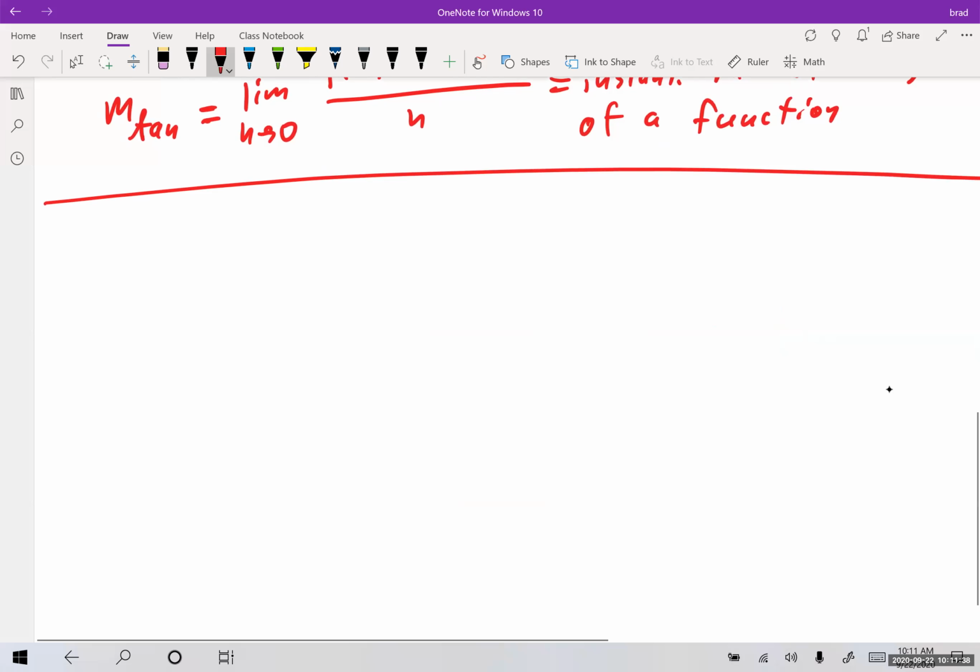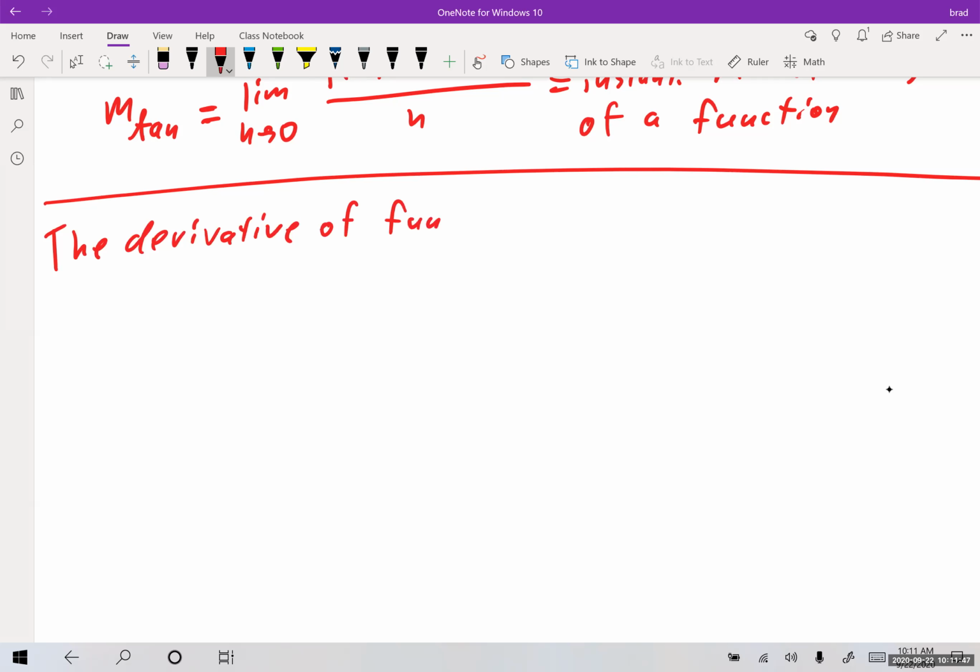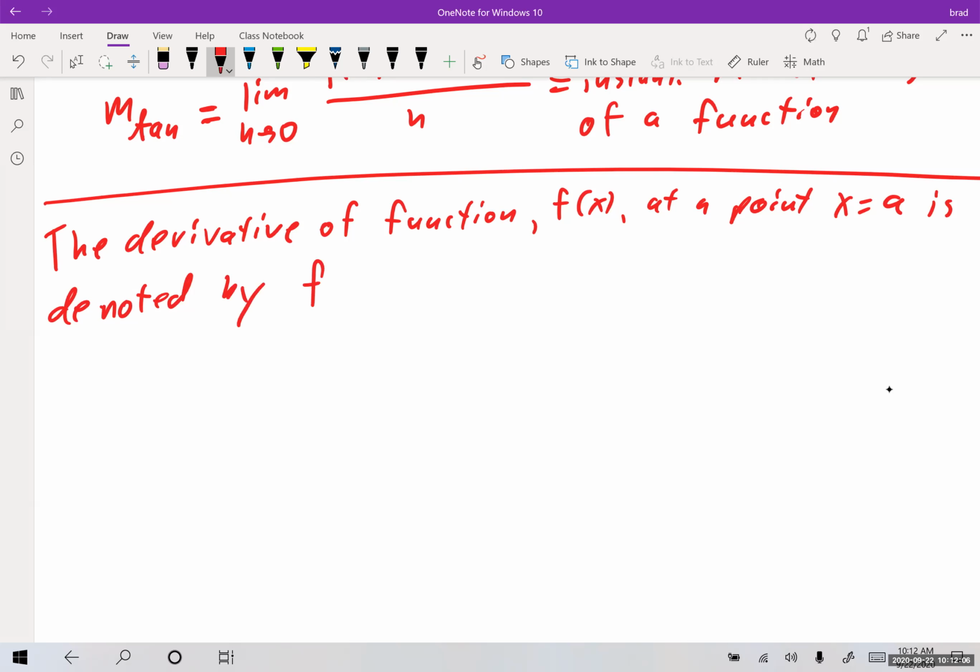Okay, so we have the derivative of a function f of x at a point x equals a is denoted by f prime of a. So this is how you write the derivative, f prime of a, and is given by, and then here will be our formula.